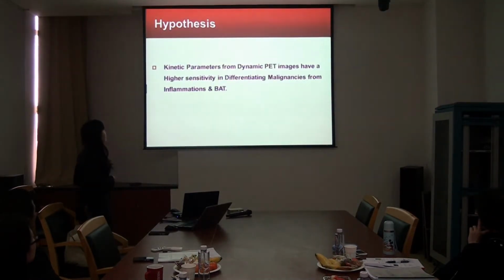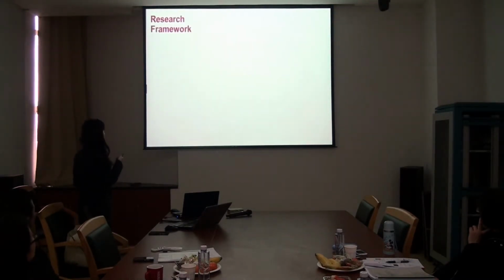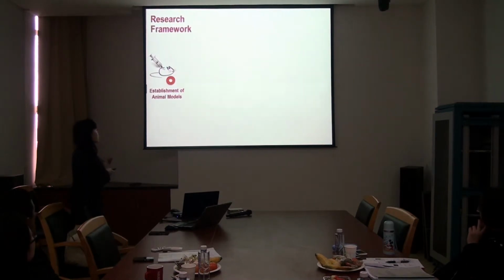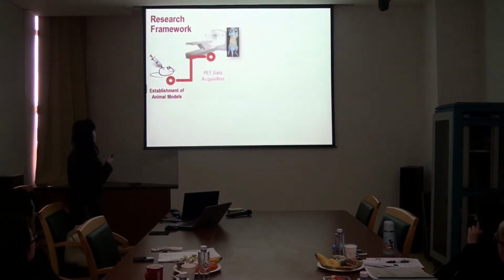So here's our hypothesis. Our hypothesis is that kinetic parameters from dynamic PET images have a higher sensitivity to differentiate malignancies from inflammation and brown fat. And our research framework is listed here. At first, we established animal tumor and inflammation models and activated the activity of brown fat cells. And then we take two routes to verify our hypothesis.